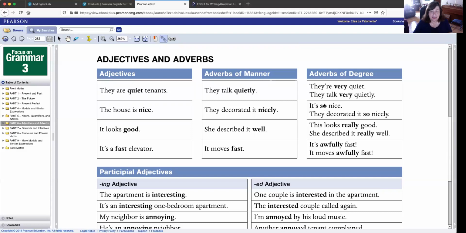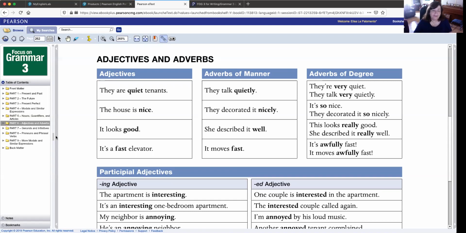And in this case, the adverb is describing an adjective because the adjective is describing, of course, the word it, which is a pronoun. They decorated it so nicely, and here the word so, same thing, adverb, but it's describing how nicely, to what degree, how nicely did they decorate the house, right? So this nicely is describing decorated, and this so is describing how much, okay?